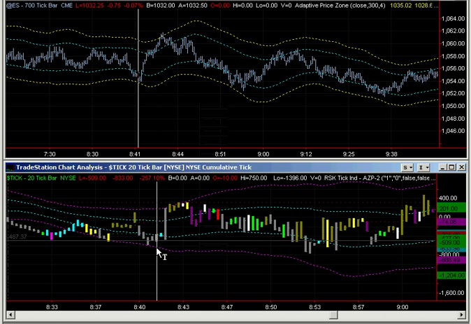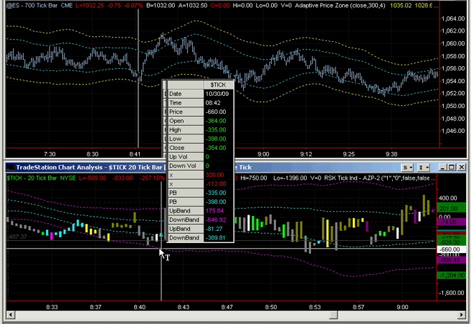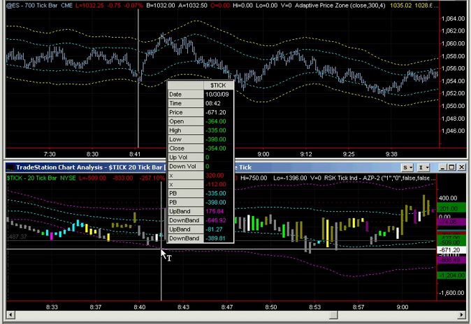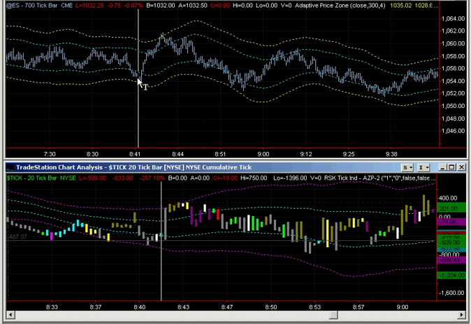We now should be poised for a long trade. Lower lows on the Spoos, higher lows on the tick, and strength entering into the market, as evident by our color bar system.